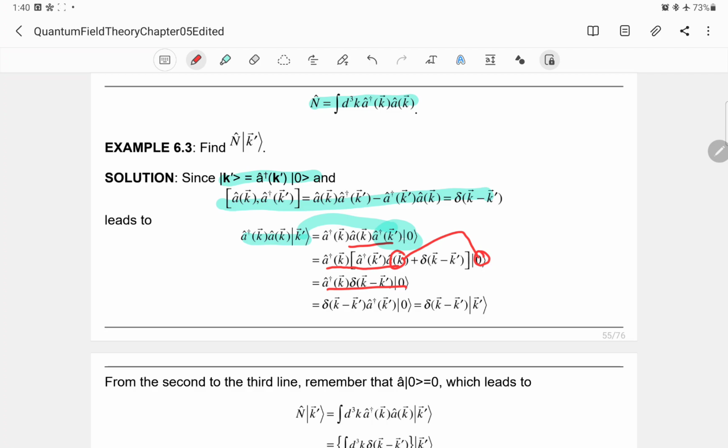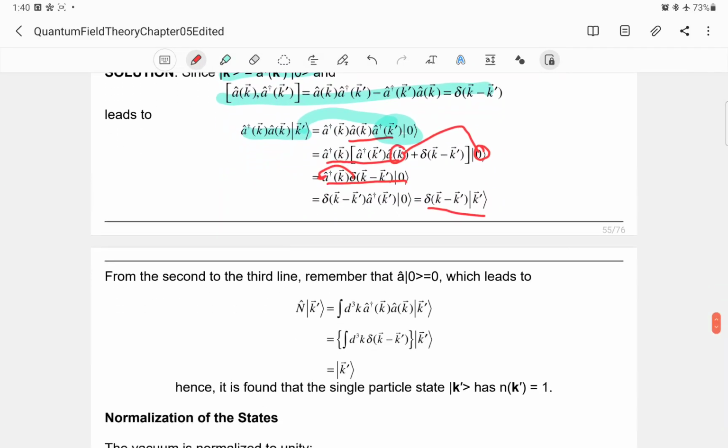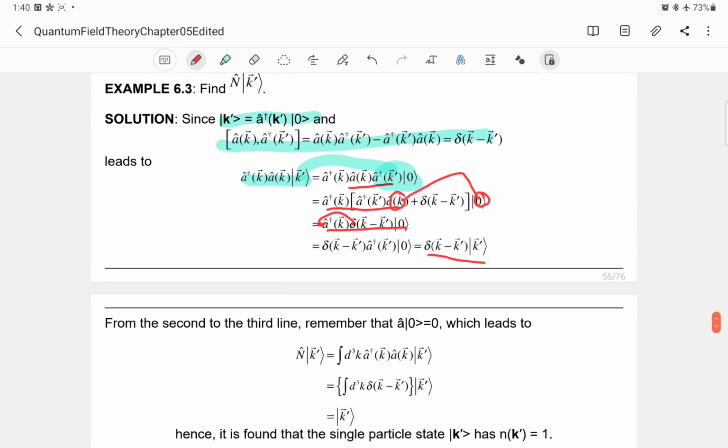And so this will just commute with this one, and so you will have this. Therefore, that is just equal to, so now you have your n equal to this.